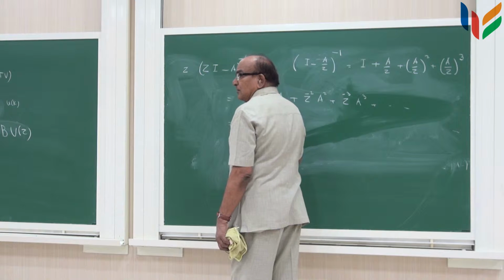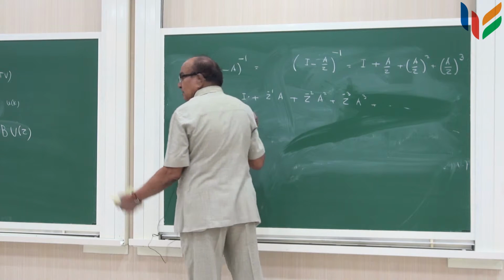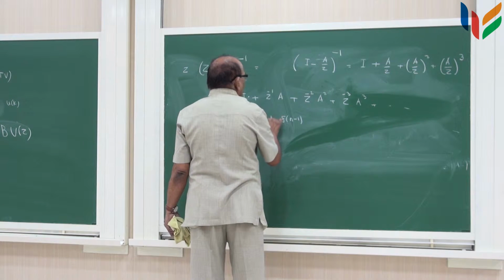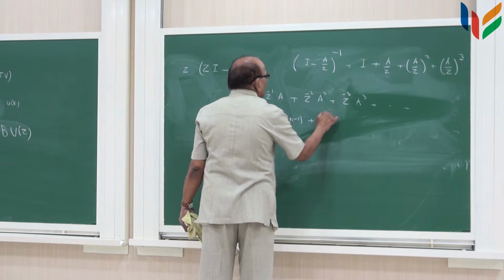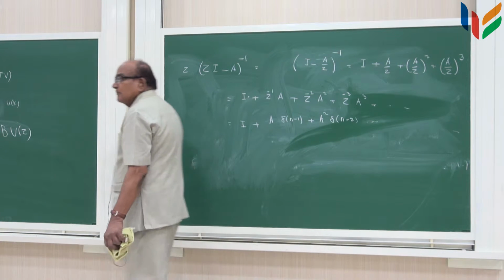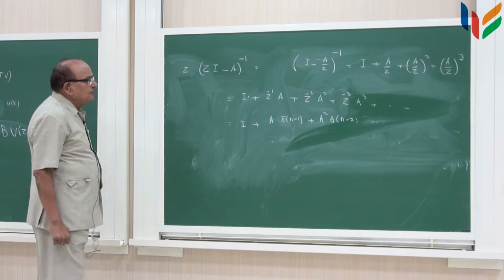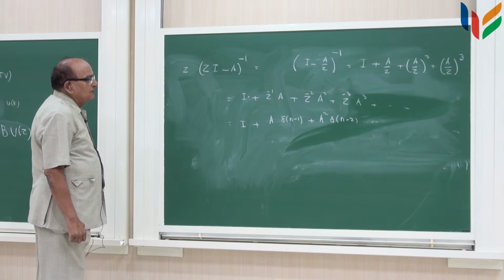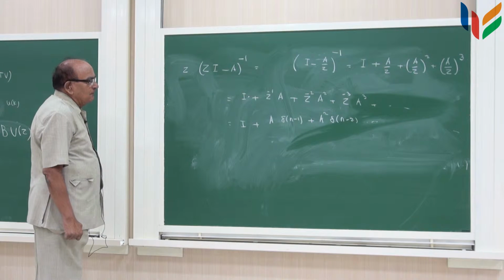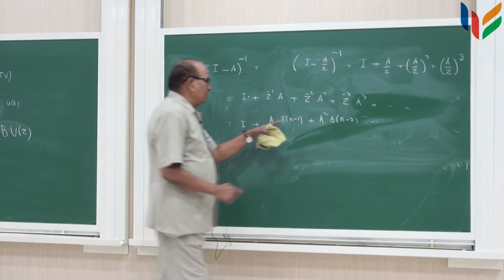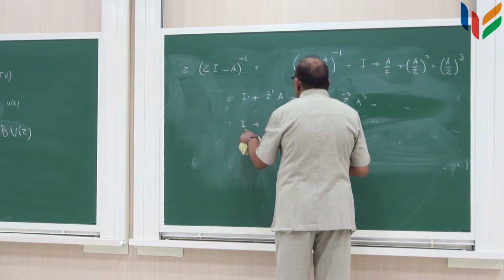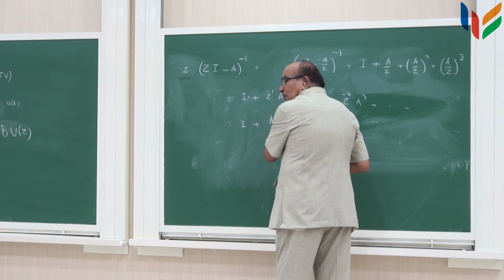What is this equal to? Delta minus, and this will be 0, right? I must put plus 1.